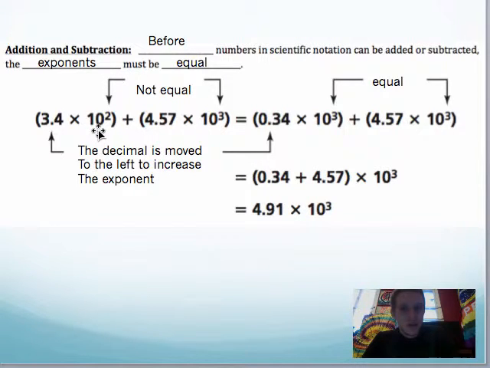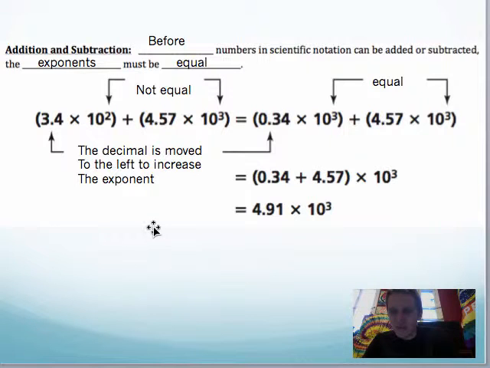Well, an exponent is just repeated multiplication, so let's multiply this by another 10 to get 10 to the third power. Well, if we want to keep this number the same, we have to move that decimal point to the left. So instead of 3.4, it's 0.34.